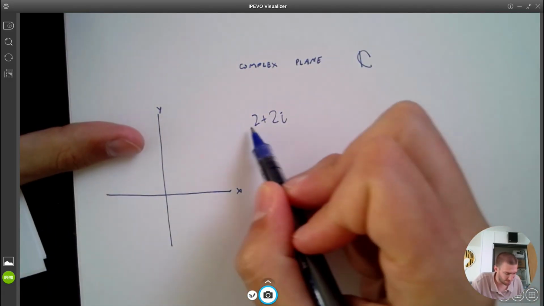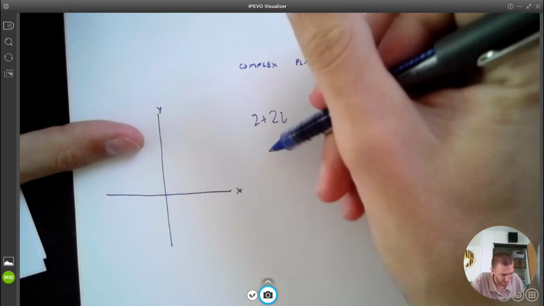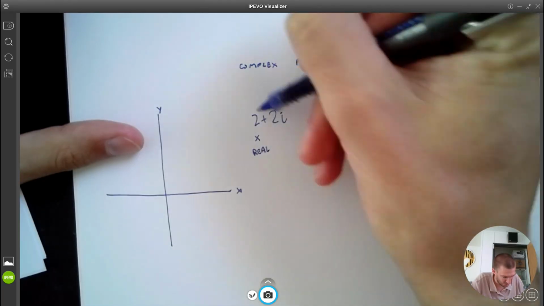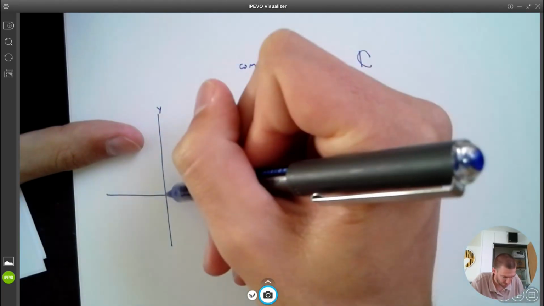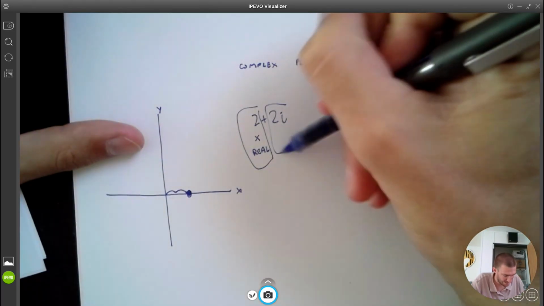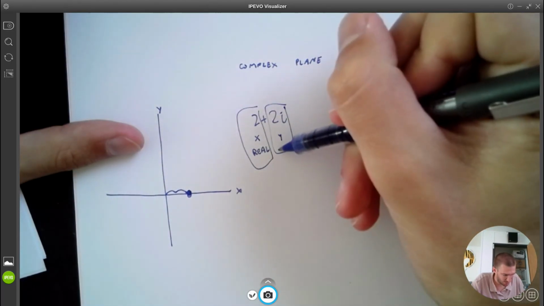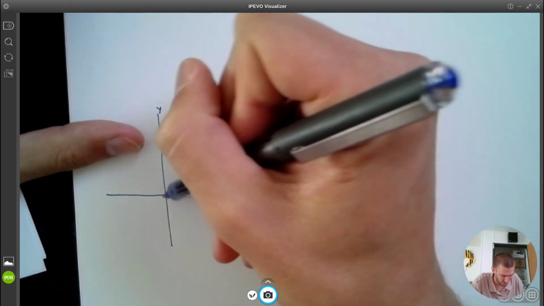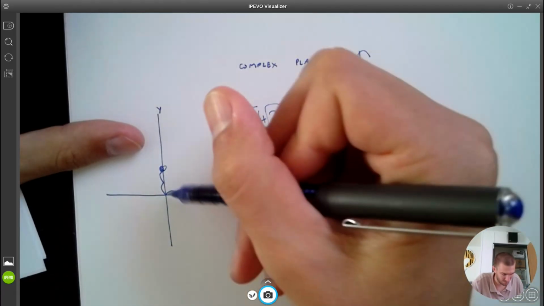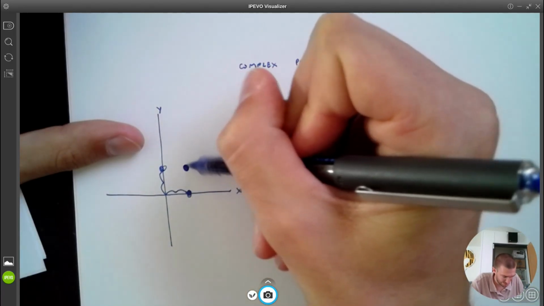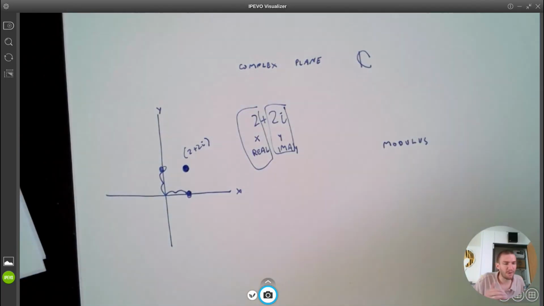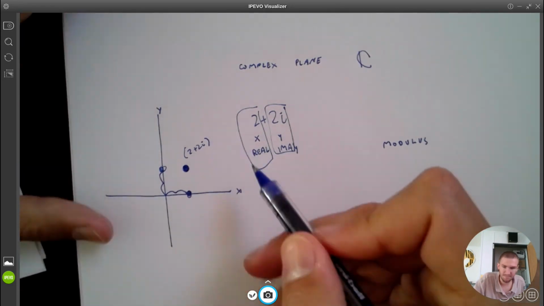If we're going to graph 2 plus 2i, we take the x, which is the real part, so this 2 is going to go in the x direction, and this 2 we're going to put in the y direction. And so 2 plus 2i in the complex plane would be right here. This is 2 plus 2i. So it's pretty much, you just graph it the same way that you would before.